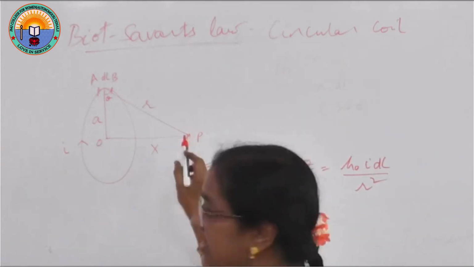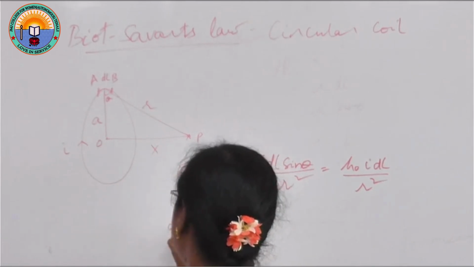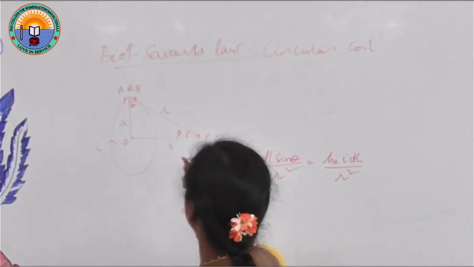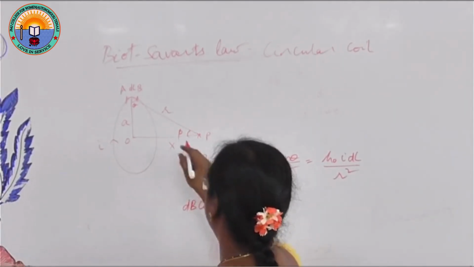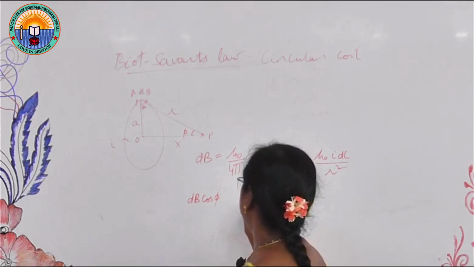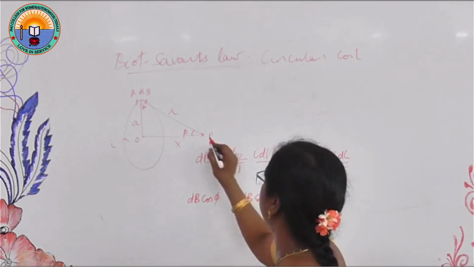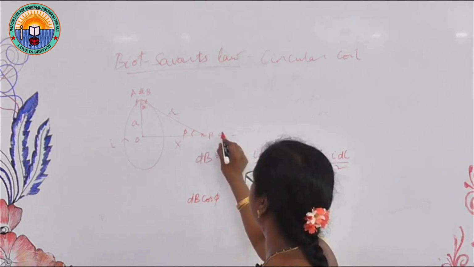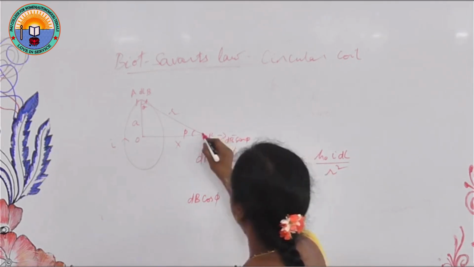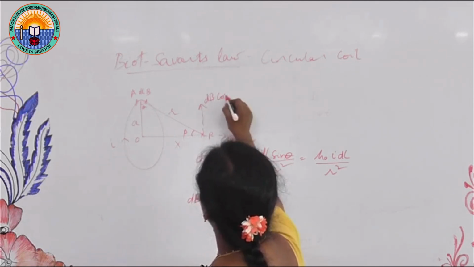This dB is resolved into two components. One component, this angle is phi, is dB cos phi, that is the perpendicular component, and the parallel component is dB sin phi. This dB sin phi will be along the axis.